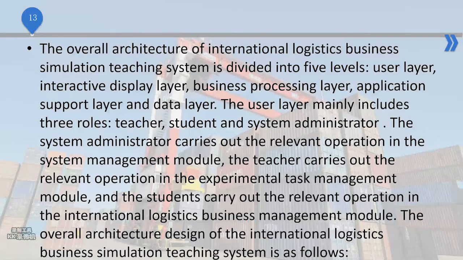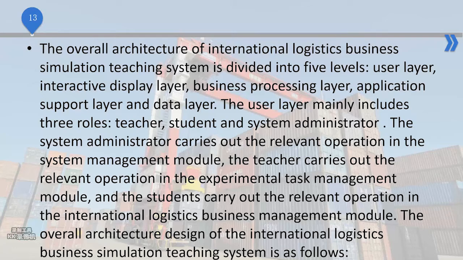The overall architecture of the international logistics business simulation teaching system is divided into 5 levels: user layer, interactive display layer, business process layer, application support layer, and data layer. The user layer mainly includes 3 roles: teacher, student, and system administrator.